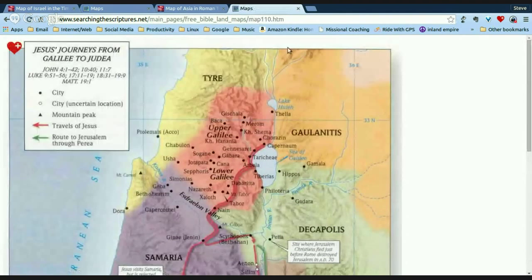So as you remember, up in this region is Caesarea Philippi. It's north of the northernmost edge of this particular map. It is the highest region in the area. Mount Hermon, I think, is a 9,700 foot peak. And so you have the heights up here. It's the highest point.